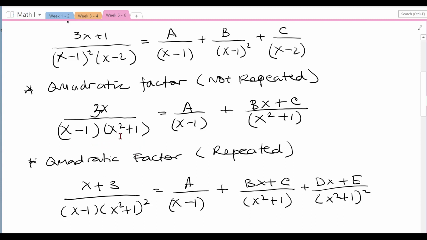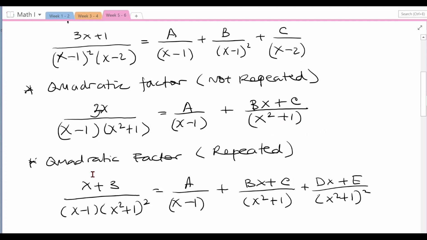So we have a quadratic factor in the denominator but not repeated, so it can be decomposed as A over x minus 1, which is the first factor, plus, in this case, (Bx plus C), because the denominator contains a quadratic x squared, so the numerator must be one power less, which is only x, with the unknown B, and a constant unknown C.